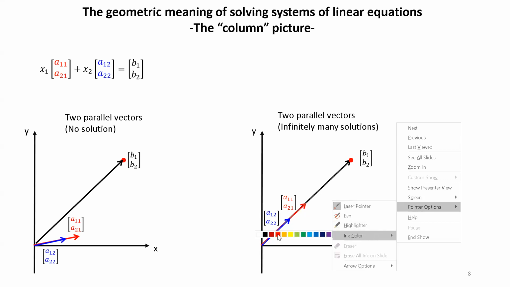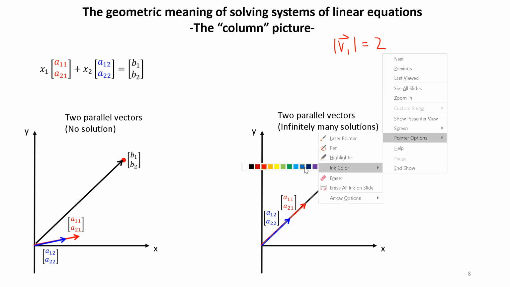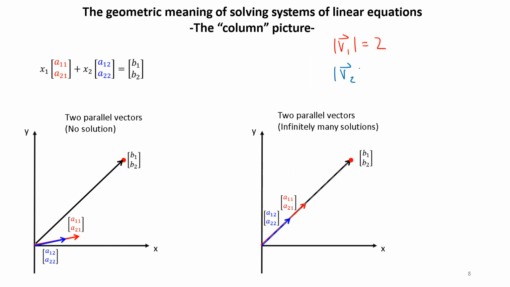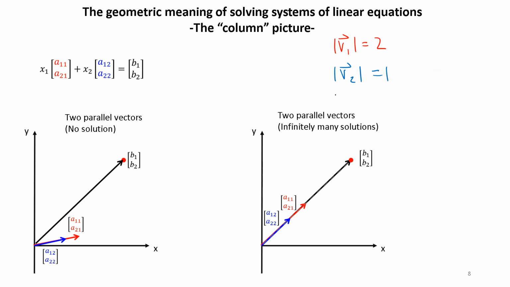I guess it's not surprising to you. Let's say the length of this V1 is 2, and the length of the other vector is, let's say, 1, and the length of the B vector is 4. So how do you add these two vectors V1, V2 together to get to your 4? You have many possibilities.